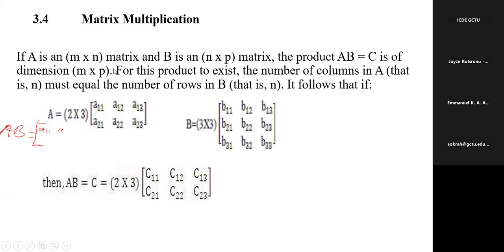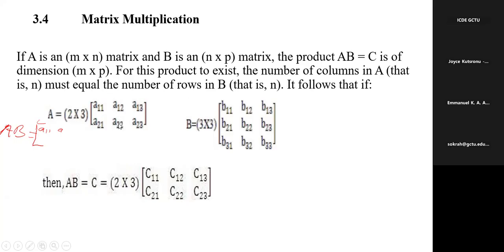M by P. The N and the N here cancel out. So if you multiply an M by N matrix by an N by P matrix, the result should be of size M by P. So take note. You will understand as we move on.